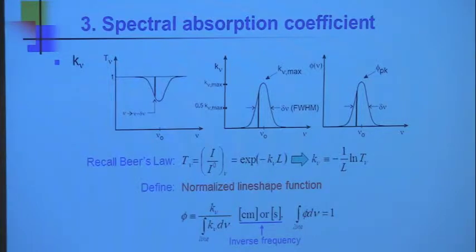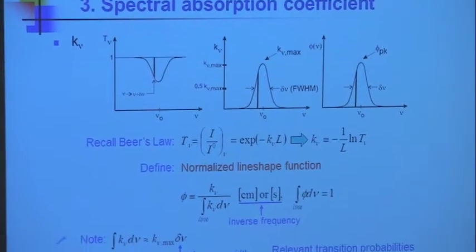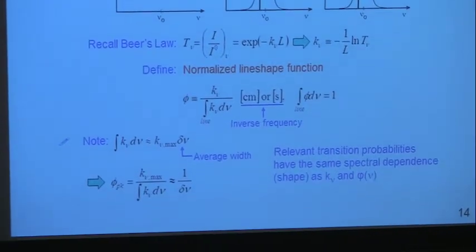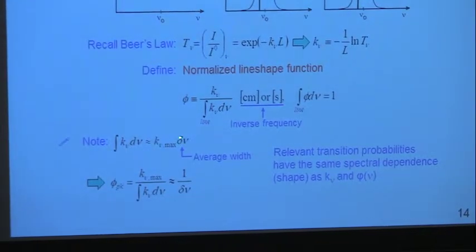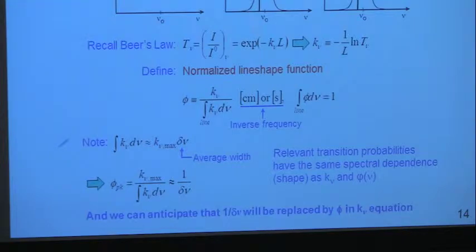Purely a shape factor. Purely a shape factor. And so if you think about how this relates back to what I did before with the line with delta nu, it's no surprise that my representation here is going to be something like 1 over delta nu. Anticipate there that the term I had before is going to be replaced by this.